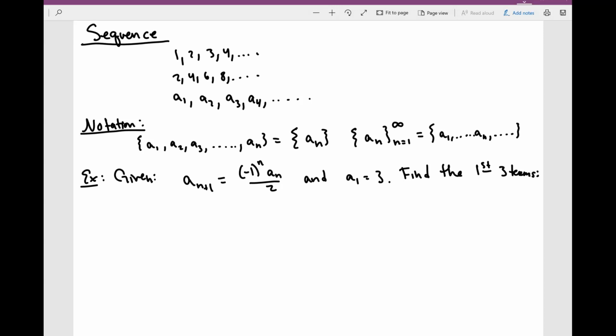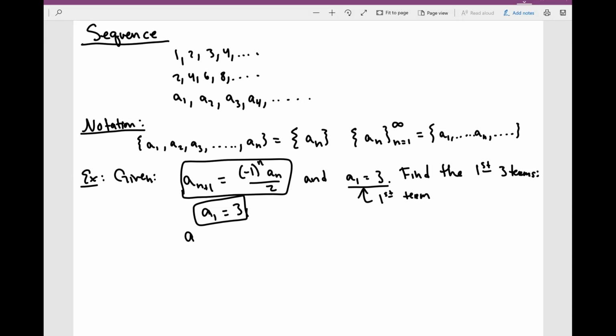Basically, when you see A1, this means the first term, the first number in our sequence. So A1 is equal to 3. That's just what's given to us. Now, how are we going to figure out the second term? All we have to do is look at our general equation and plug in 1 for n.